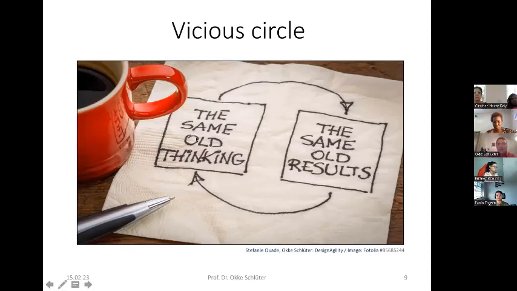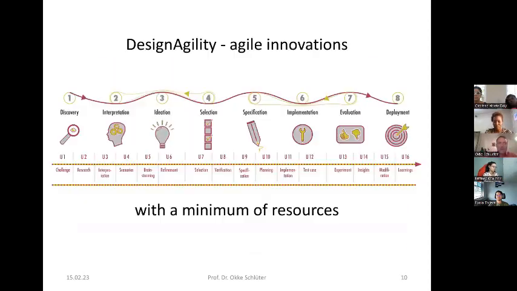If we continue to think in a traditional way, we will come up with the same results as in the past, right? If we want to change the outcome, we need to change the way of thinking. And design thinking, design agility is a way of thinking that leads to new results, right? Results or improvements for existing challenges.